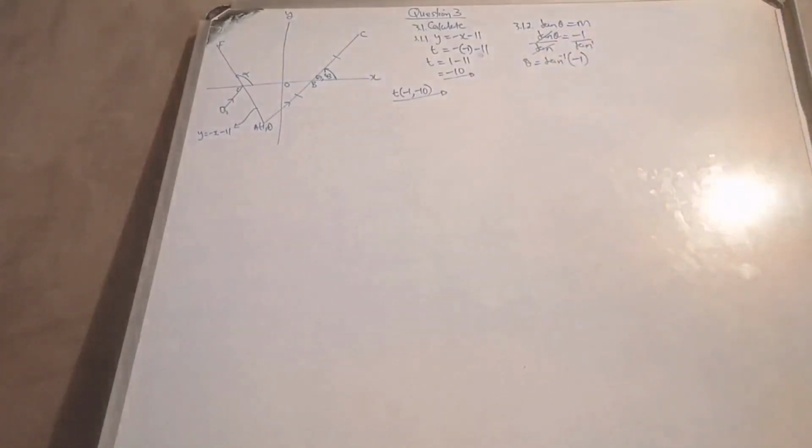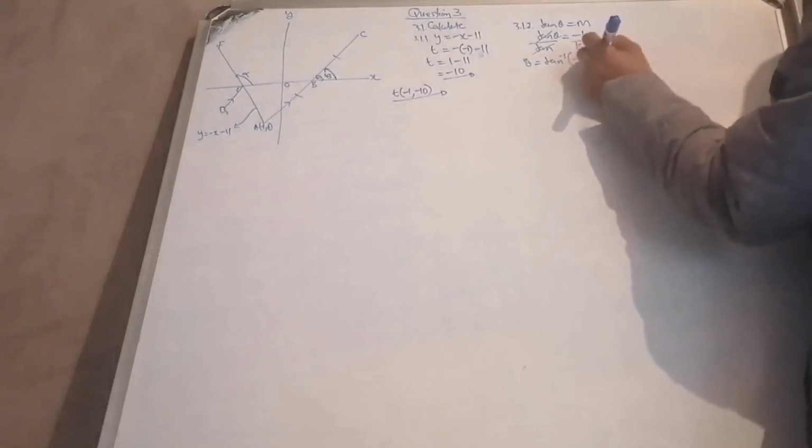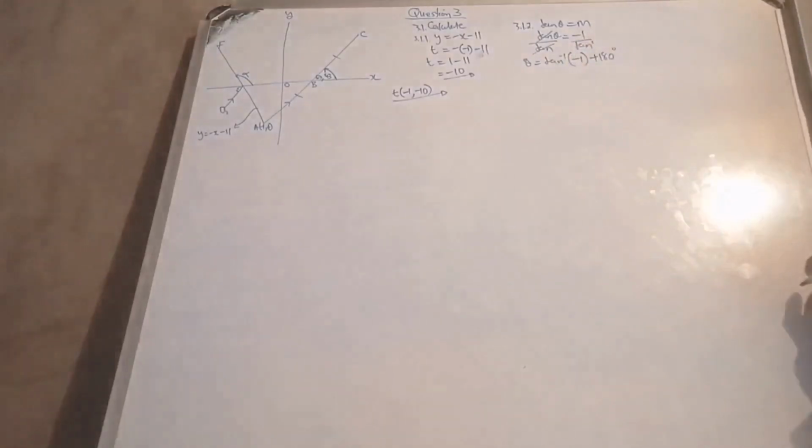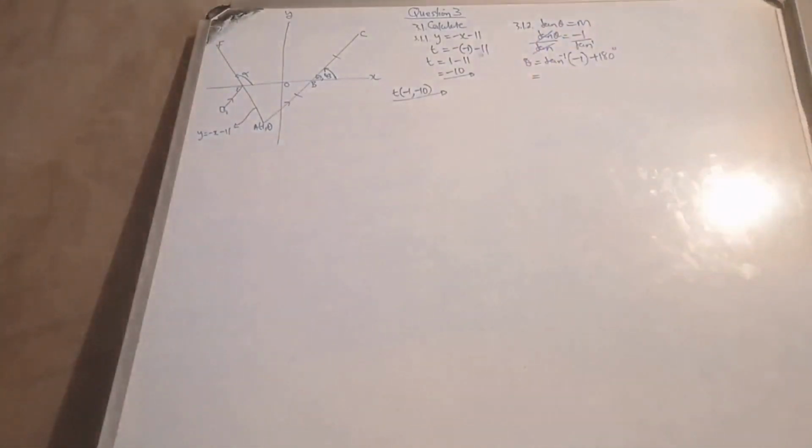And because the gradient is negative, you know that you're going to come here and just add this to 180 degrees in order to produce a positive angle.